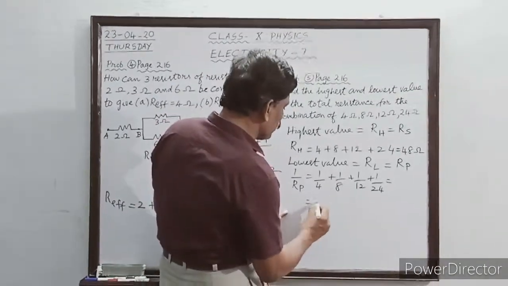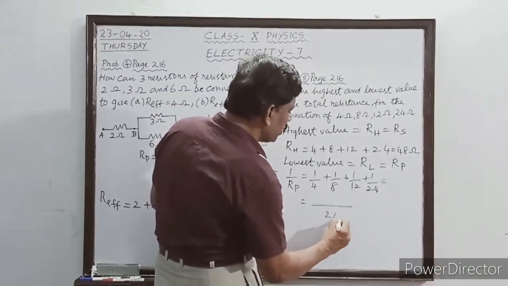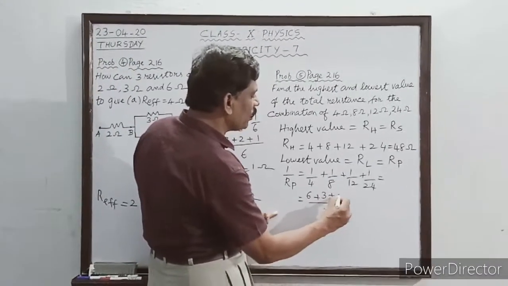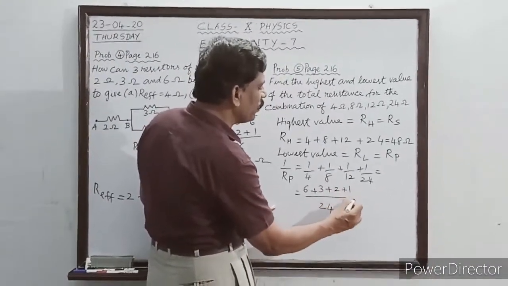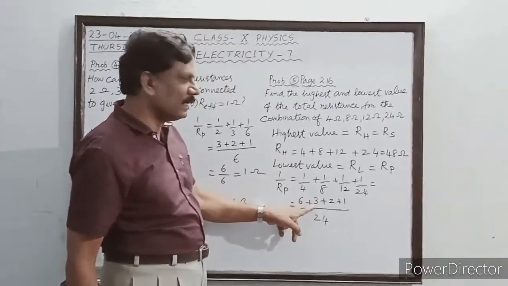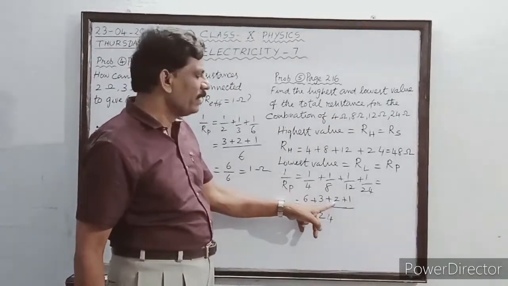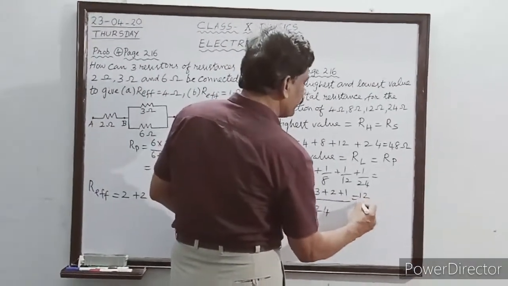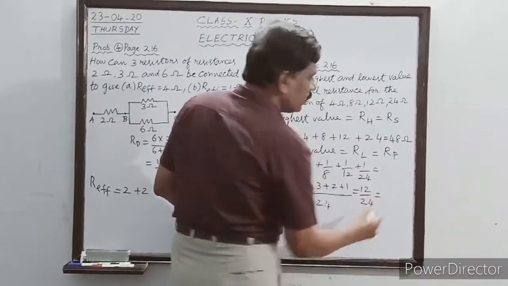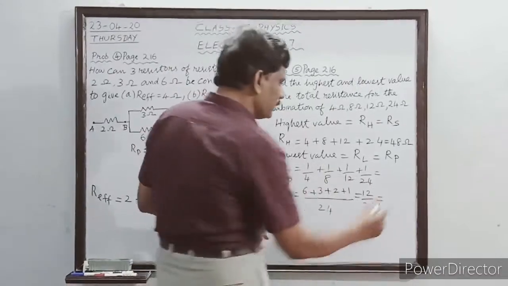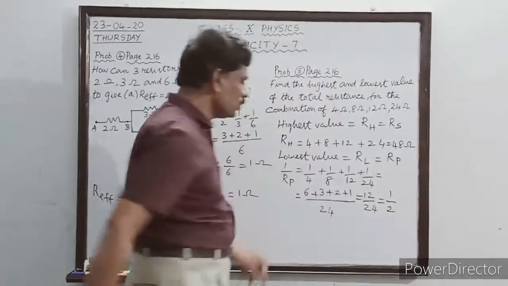So this is equal to whole divided by 24. 6 4s are 24, 8 3s are 24, 12 2s are 24, 1 24 is 24. So 6 plus 3, 9, 9 plus 2, 11, 11 plus 1, 12. So this is equal to 12 divided by 24. 12 2s are 24, is it not? So this will also be equal to 1 by 2.